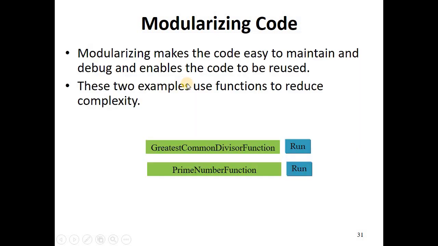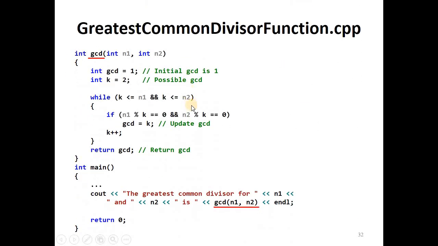Let's check its main code. This program has a main function. The main function gets the two integers and it calls the GCD function.